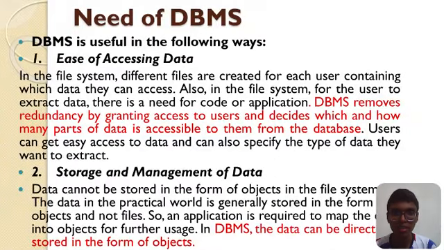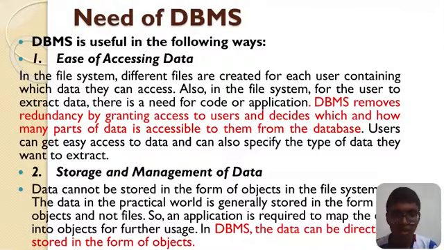So there arose a need for DBMS because of the disadvantages seen in the file system. Need of DBMS. DBMS is useful in the following ways. First one is ease of accessing data. In the file system, different files are created for each user containing which data they can access.